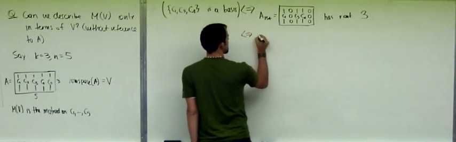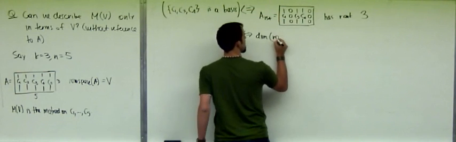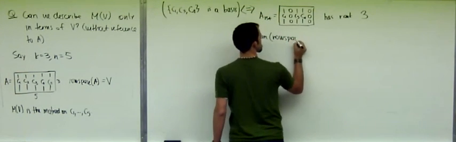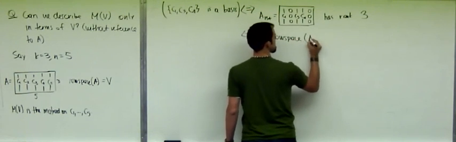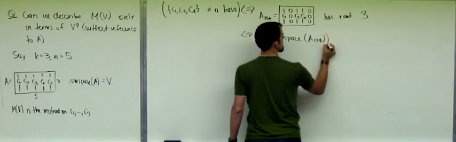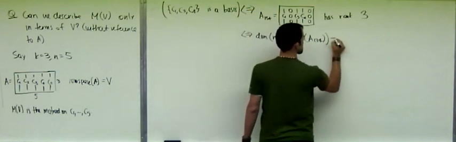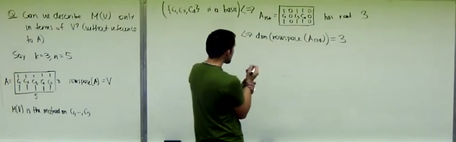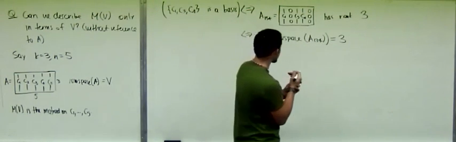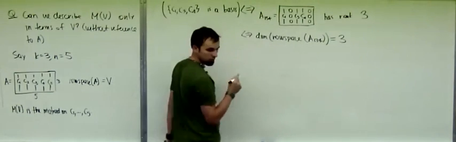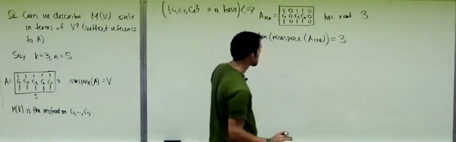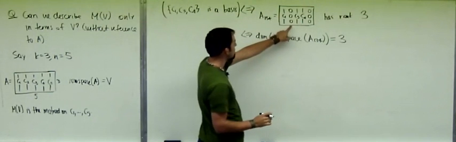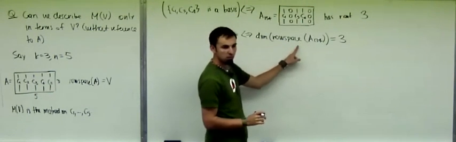In other words, the dimension of the row space of my matrix A134 is 3. But now I want you to notice something, which is that I can describe this row space without referring to the matrix.